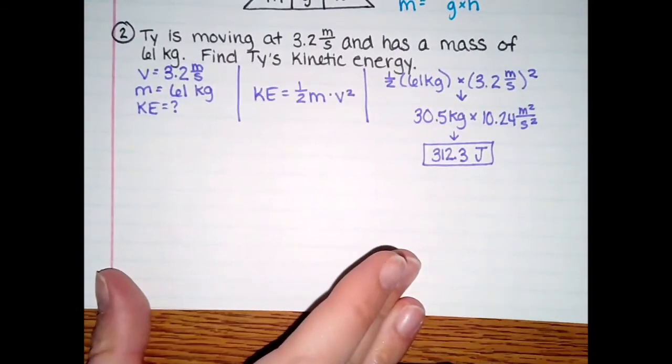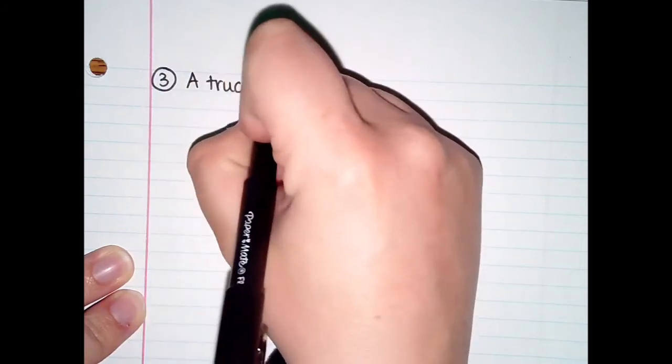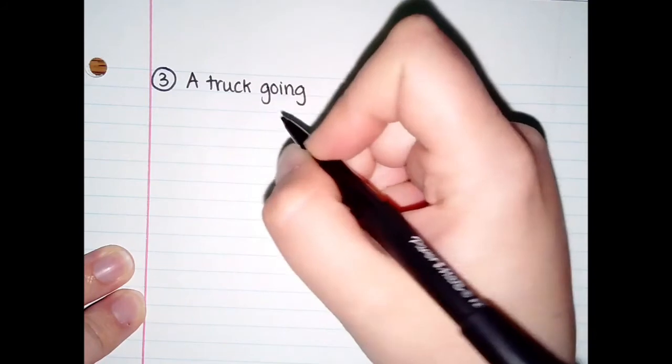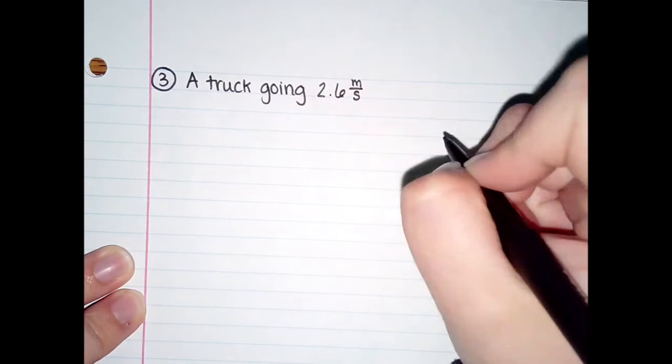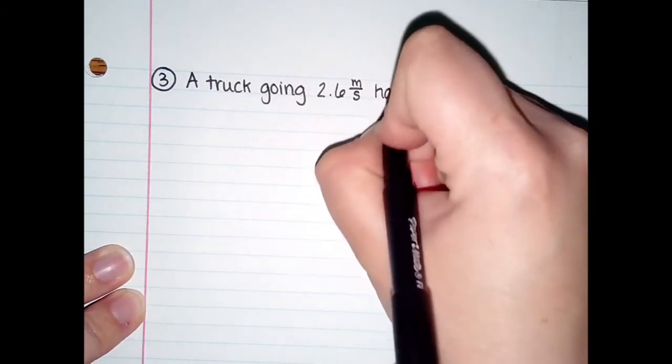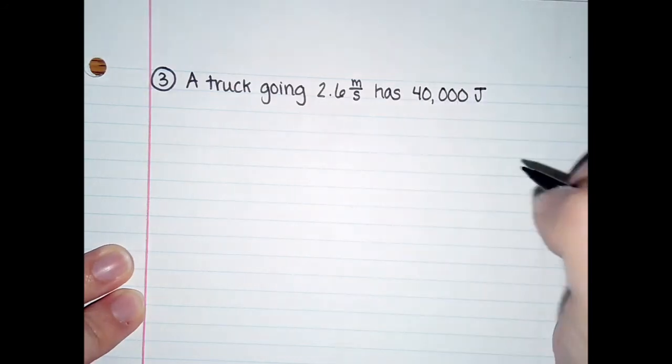All right, problem 3. A truck going 2.6 meters per second has 40,000 joules kinetic energy.